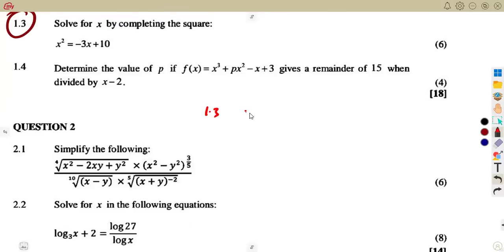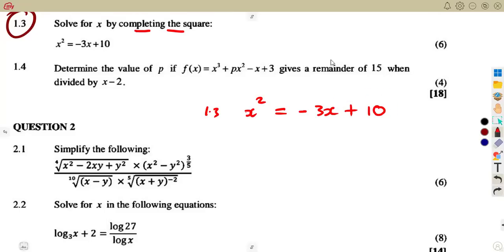1.3, solve for x by completing the square. x squared is equal to minus 3x plus 10. So completing the square, guys, there are different ways of applying this completing the square method. We can leave this constant this side.